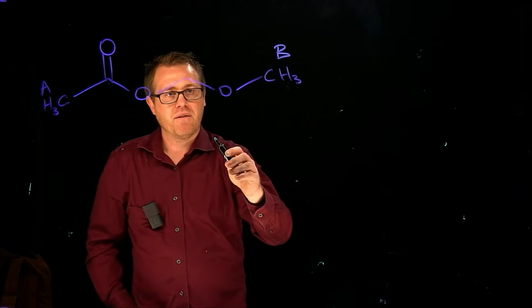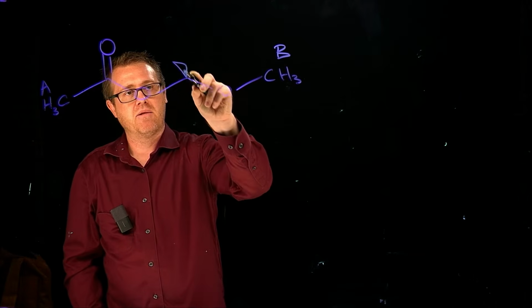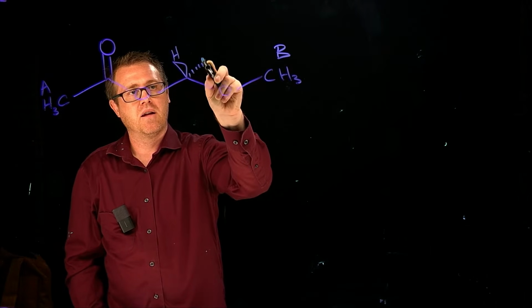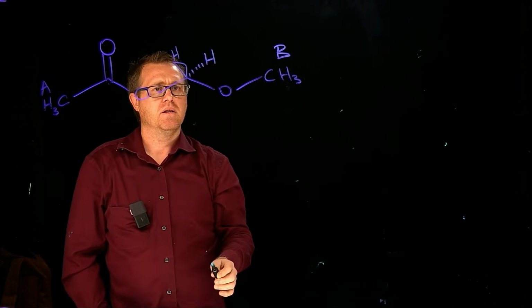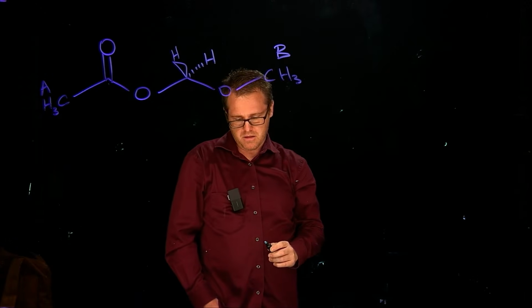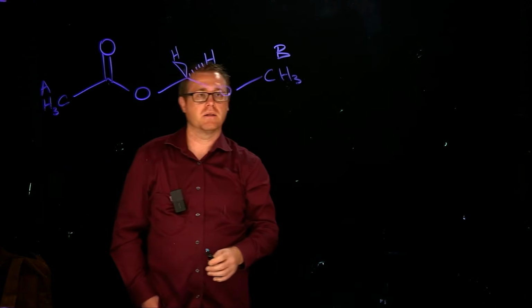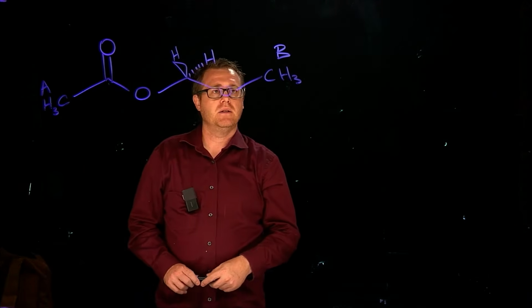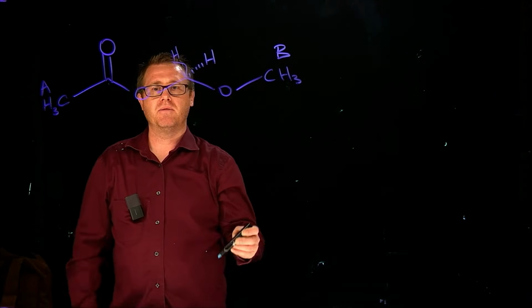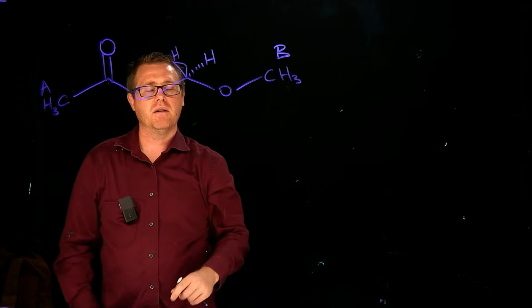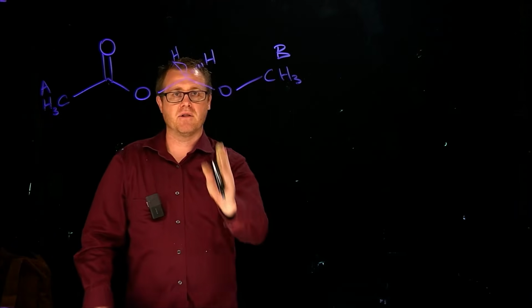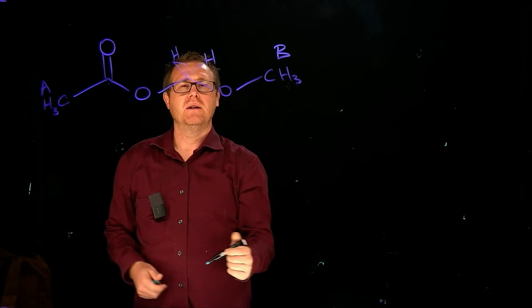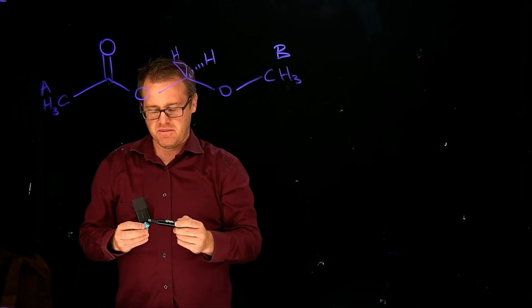But now we have to be careful. Hybridization state here. So what's the relationship between these two right here? Is there an axis of rotation? No. There's not, but is there a plane of symmetry?